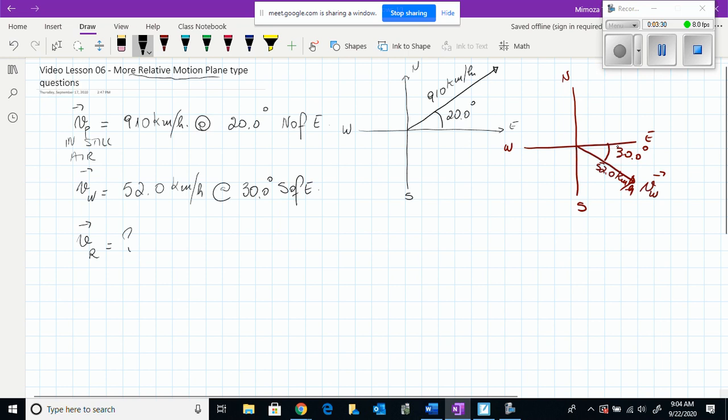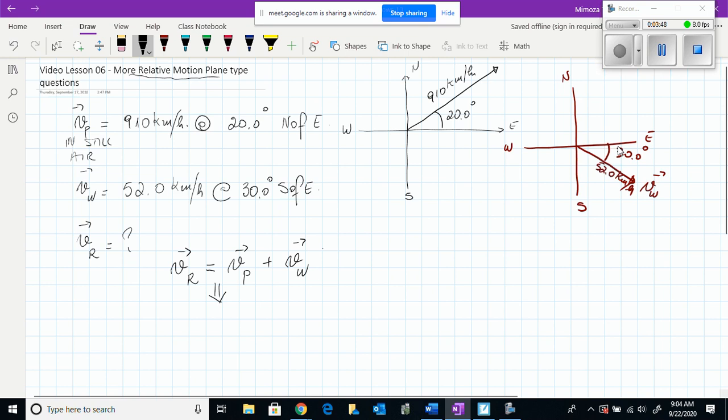What we see as the observer on the surface of the earth is the vectorial sum of those two vectors, the velocity of the plane and the velocity of the wind.